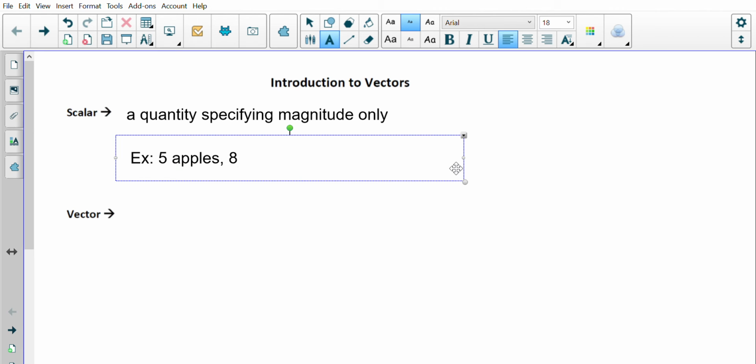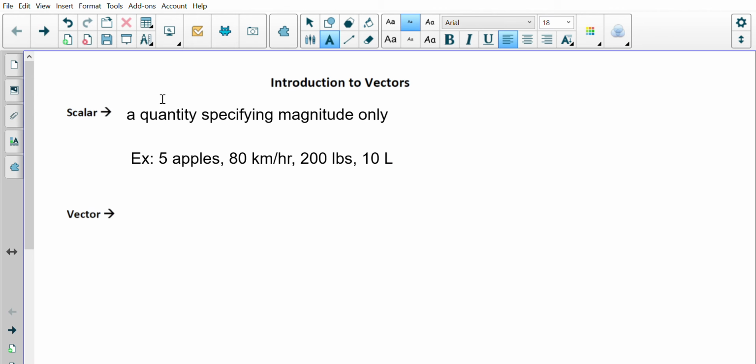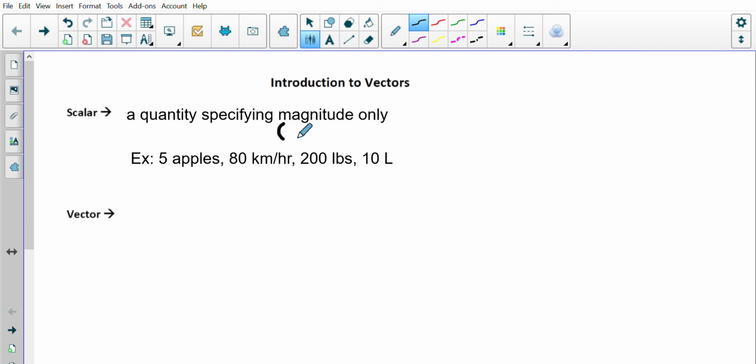You go 80 kilometers an hour, for those of you who can drive. Somebody might weigh 200 pounds. Those are all things you can count. You have 10 liters of gas. So it just specifies magnitude only. And again, magnitude means a number. So all of these quantities are just represented by a number.